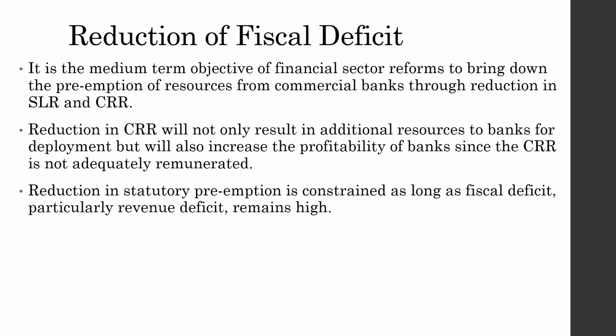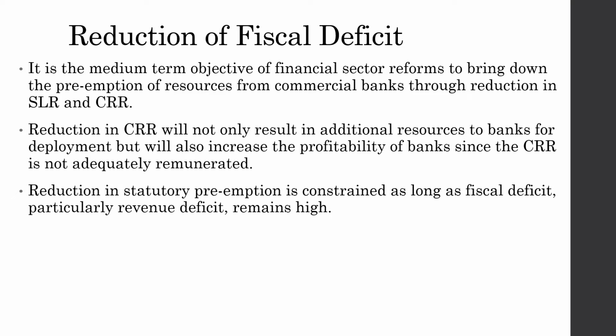Reduction of fiscal deficit is very important when we have to do with bank sector reforms. It is considered to be a medium-term objective of the financial sector reforms to reduce the preemption of resources from commercial banks through a reduction in SLR as well as CRR. SLR stands for the statutory liquidity ratio and CRR stands for the cash reserve ratio.